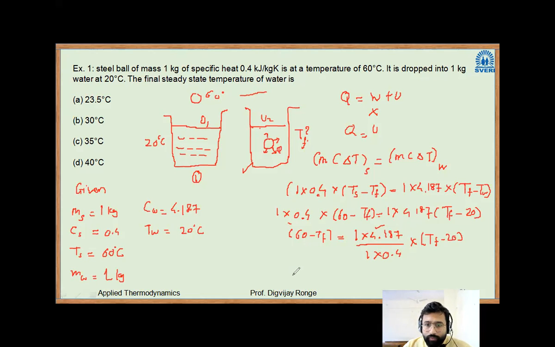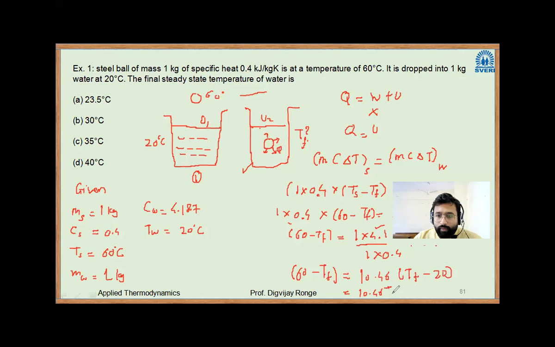So this will become 60 minus Tf is equal to 10.46 into Tf minus 20. Now I will multiply this everywhere inside. So this will become 10.46 Tf minus 10.46 into 20.